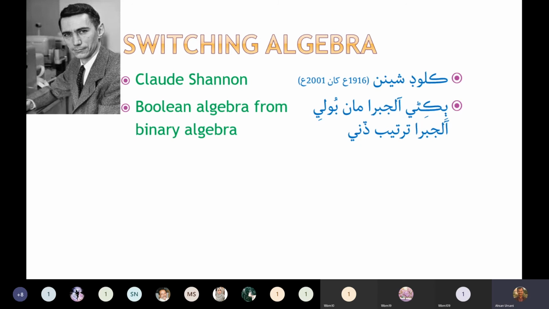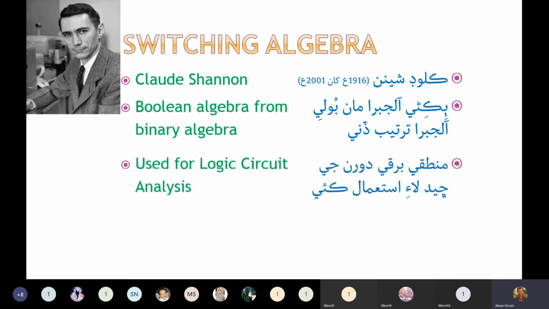So he modified it a bit, but that algebra that he modified is still known as Boolean algebra, because it was a modification to the binary algebra given by Mr. Boole.